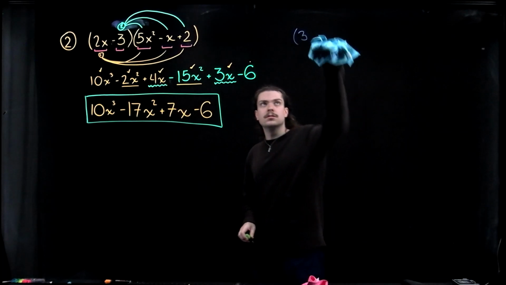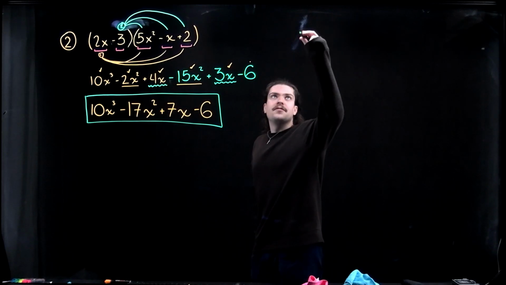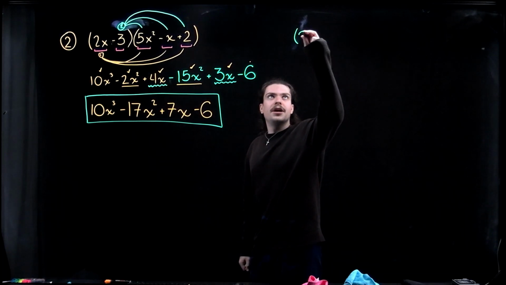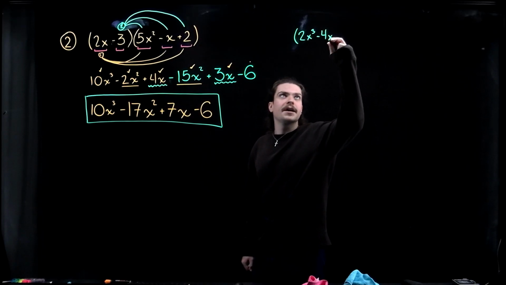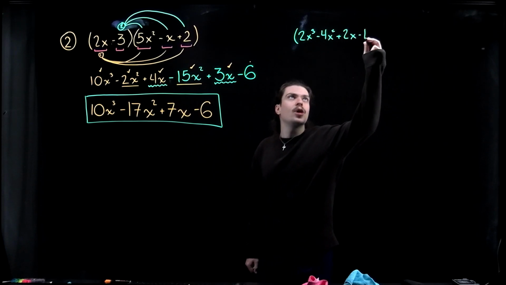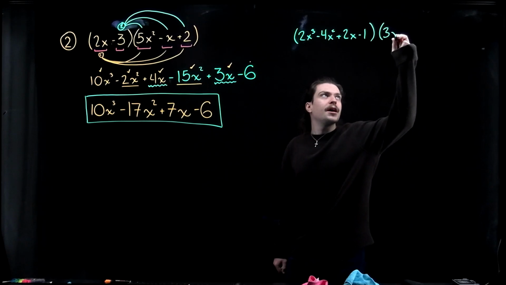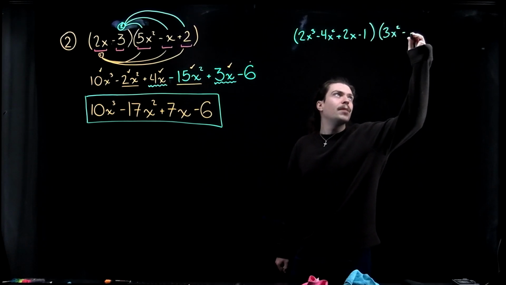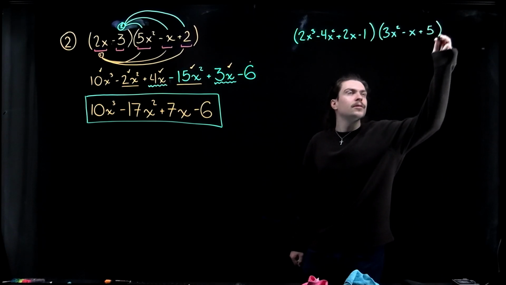Switch over to our citrus green. If I gave you a problem like 2x cubed minus 4x squared plus 2x minus 1 multiplied by 3x squared minus x plus 5, right?